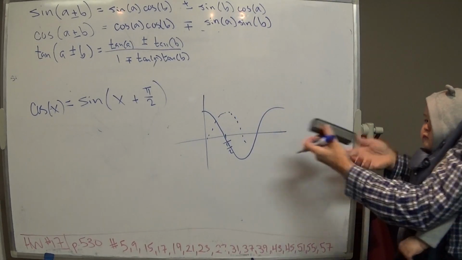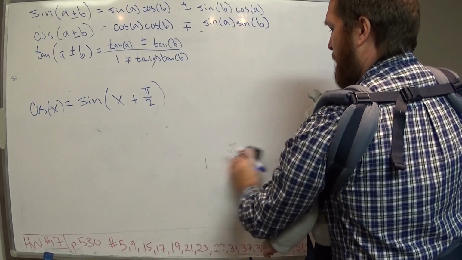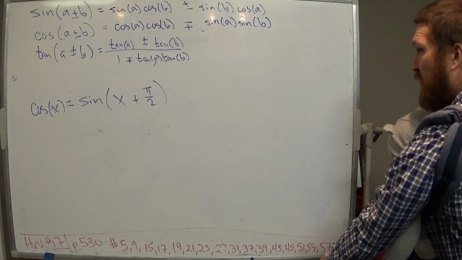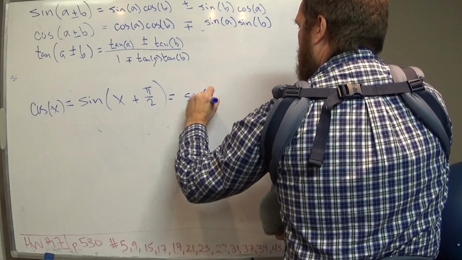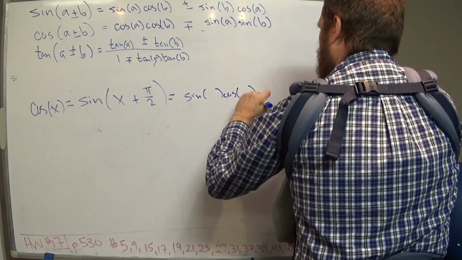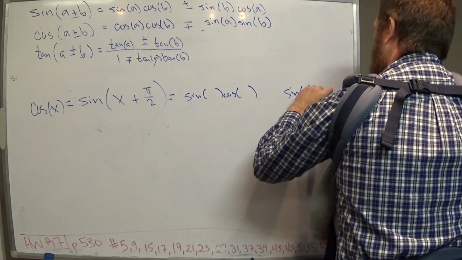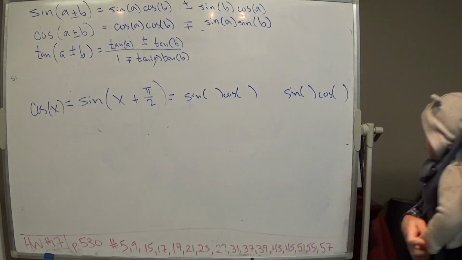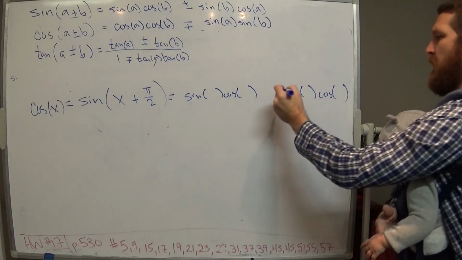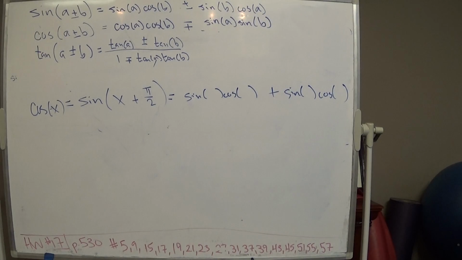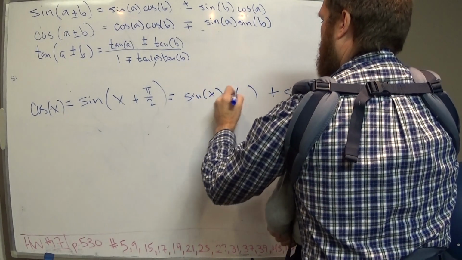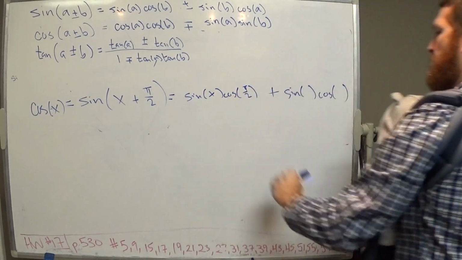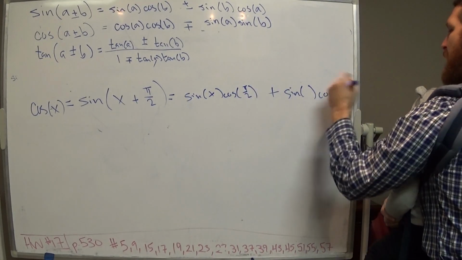Let's verify it. Okay, sine is the one that goes sine, cos, sine, cos. Sine is the same, so plus. Now, it should be x pi over 2, and this should be pi over 2 x.